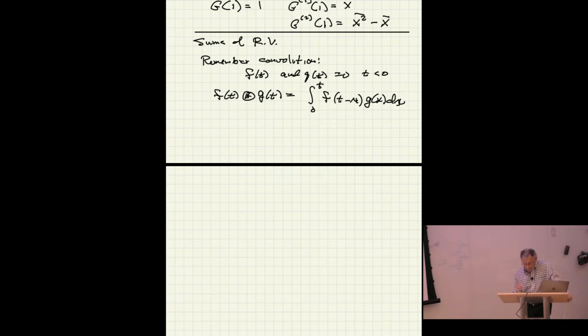And if we take the Laplace transform of that, you would take the expression under the integral sign, multiply by e to the minus st, and integrate. What do you get? Anybody remember?